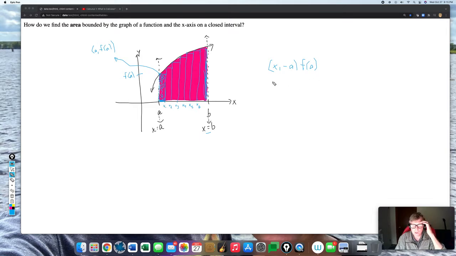And then you'd see that there'd be more rectangles, right? The next one would be, the width of that one would be x2 minus x1. And then I'd have to take a different y value, and the y value here would be f of x1, and I'd use that as my height for the next rectangle, right? And then I'd have x3 minus x2, and hopefully you can see the pattern, right?